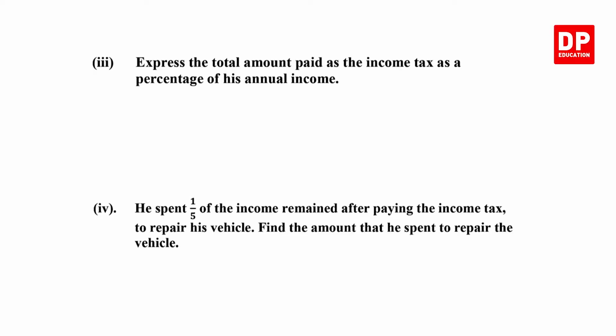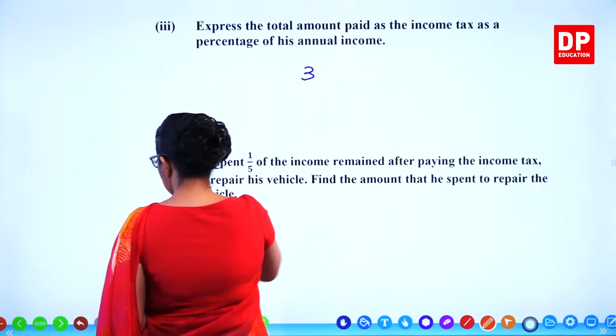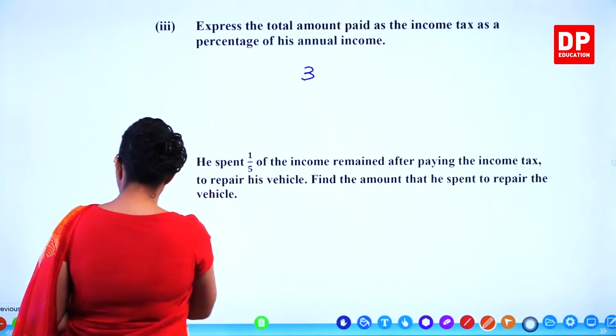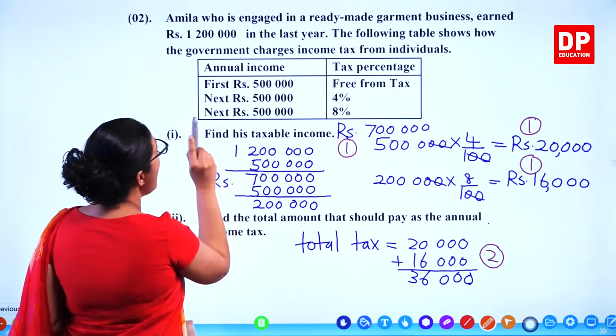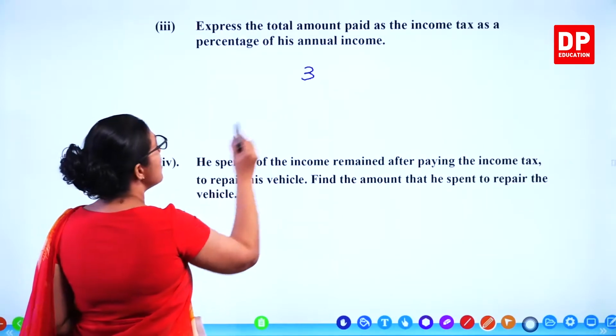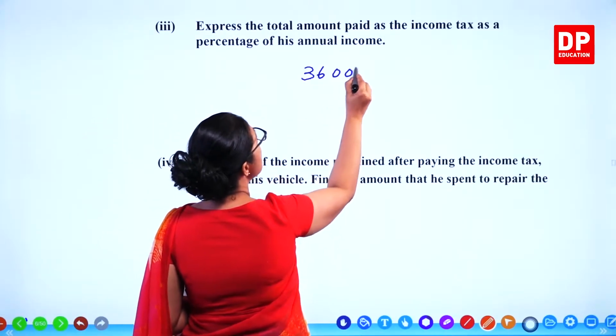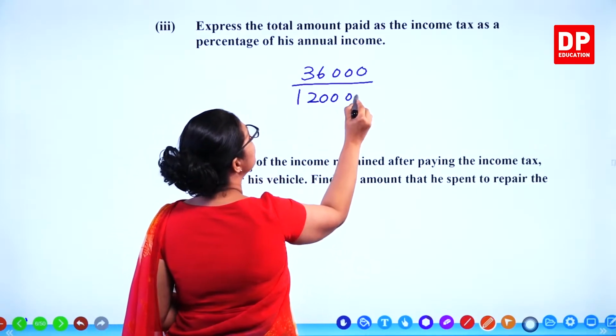Express the total amount paid as the income tax as a percentage of his annual income. So what's the tax value we obtained from the previous part? 36,000. And the salary 1,200,000. So 36,000 he is paying for 1,200,000.